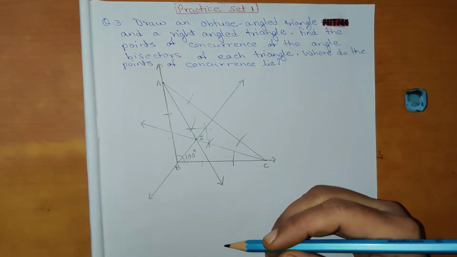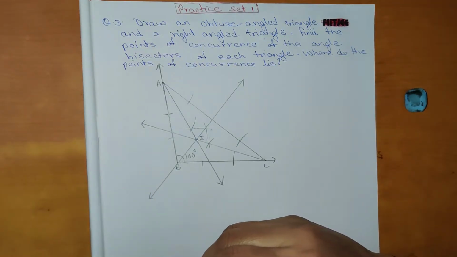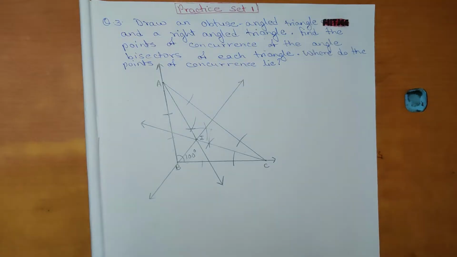So again draw a ray. Give the name B, C. Okay, take the protractor.